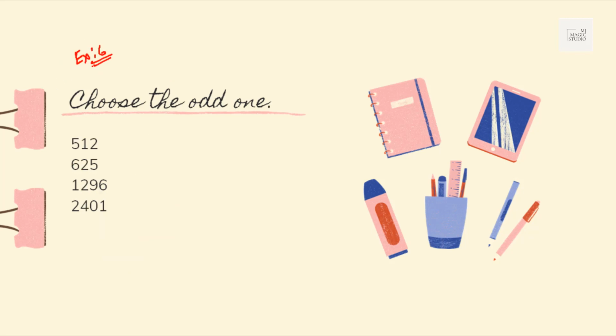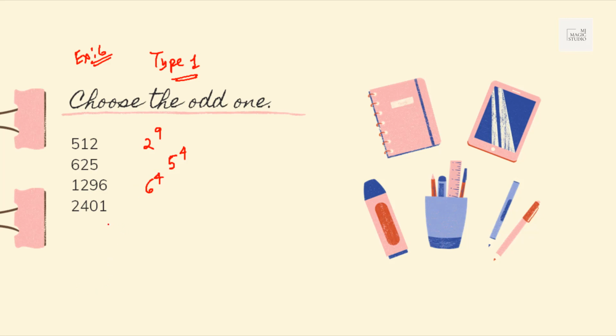Okay, one more. If my count is correct, it should be example number 6 from type 1 questions. Again, 4 options are given. Let's quickly find out the odd one. Okay, 512. 512 is 2 to the power 9. 625 is 25 square, that is, it is 5 to the power 4, 5 multiplied 4 times. 1296 is 36 square.